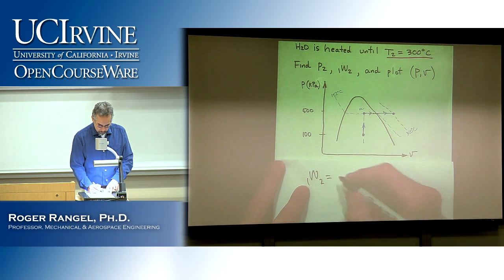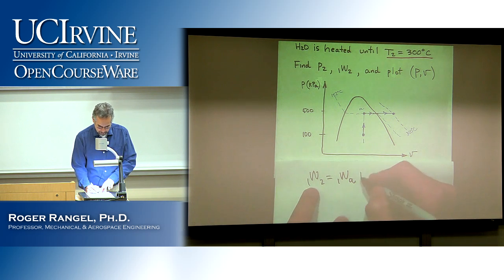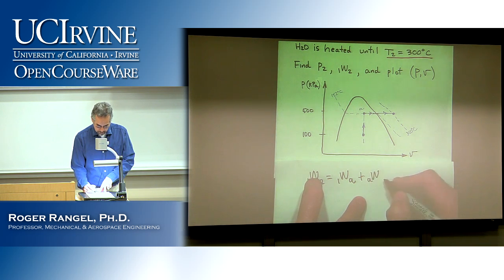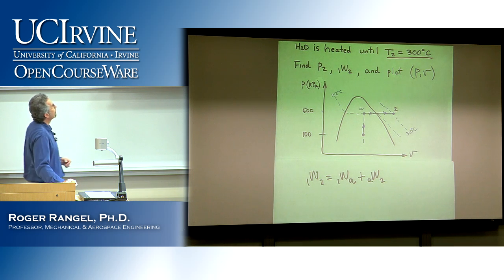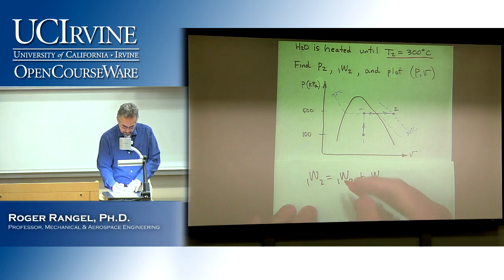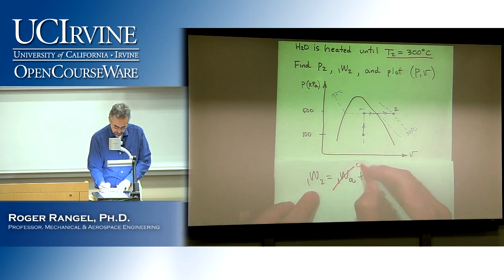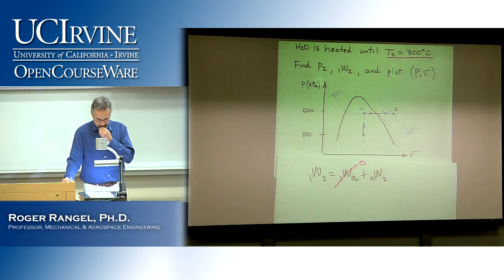So the total work, you can always split it up into parts. The work from 1 to A plus the work from A to 2. I still need to label 2 there. But of course, the work from 1 to A is 0 because there is no volume change.